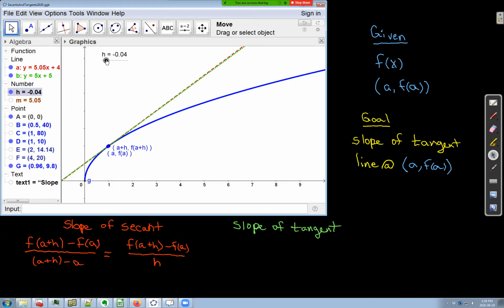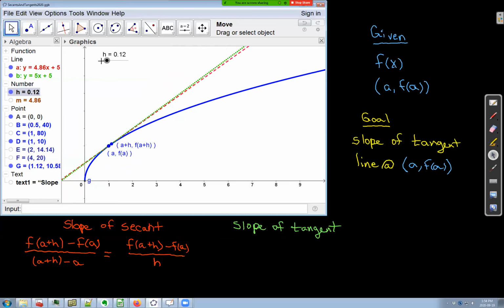But as long as h is not 0, in fact, h could even be negative. Like, look at this. If h is -1, then the picture looks like this, and I can still calculate this. This formula will calculate the slope of the red line, and as h gets closer to 0, the red secant line gets closer and closer to the green tangent line.